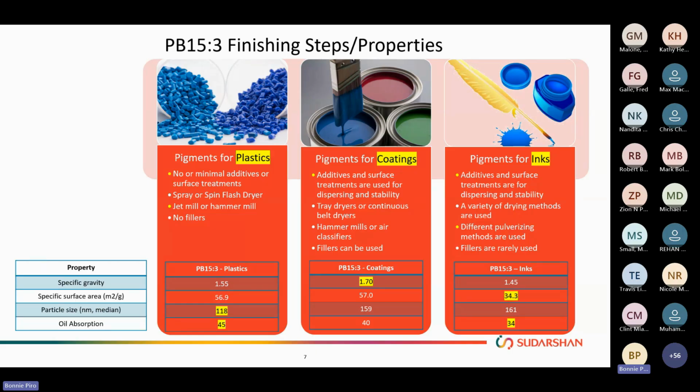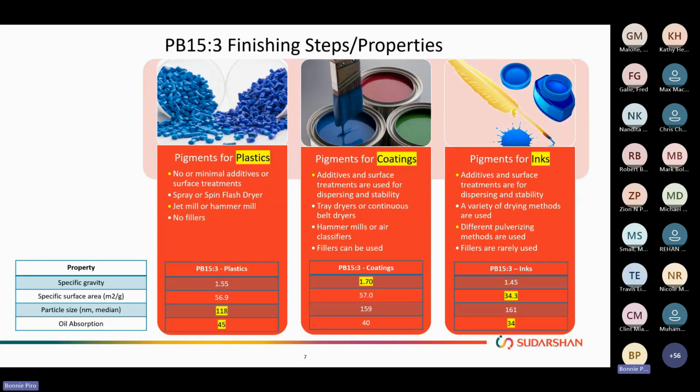Mentioned on the plastic side, particle size is key. So this one, you can see that it is the lowest of the three in terms of particle size, because we want to be able to provide a pigment that is the best that it can be for that dispersion property.